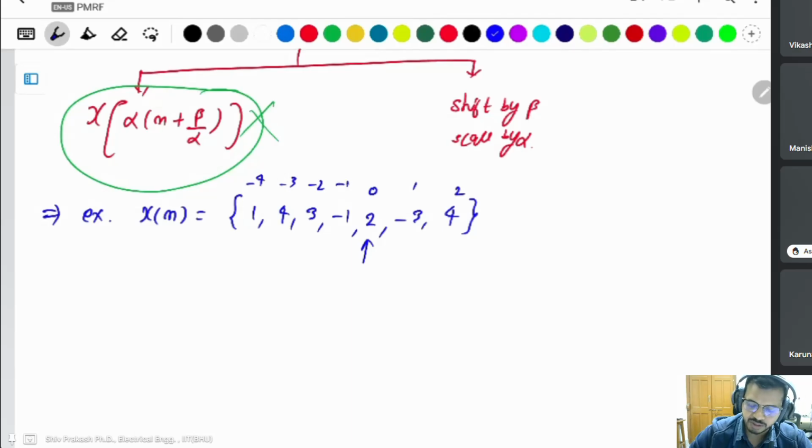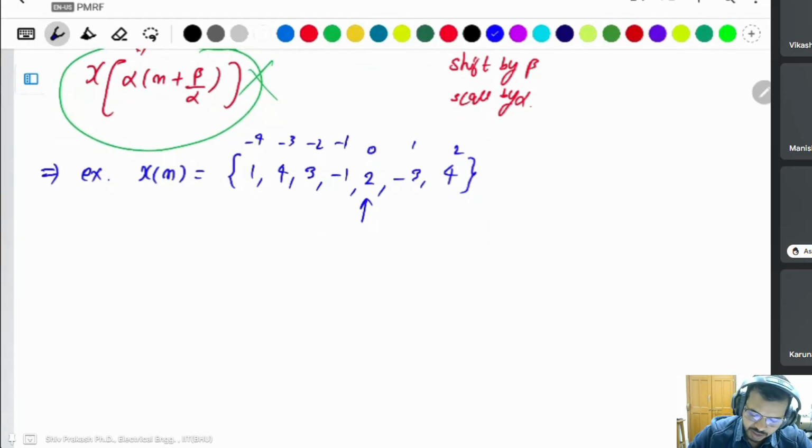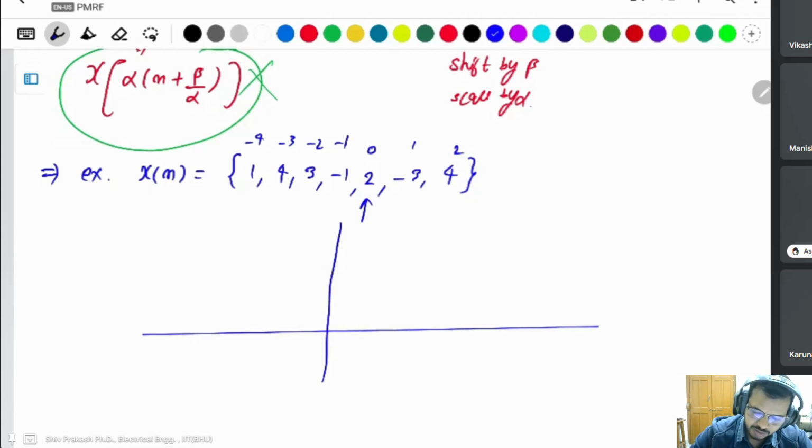This is the position, and this is the value of the signal. If you want to plot the signal on the axis, then it will be like this. This is 0. At 0, this will be 2.